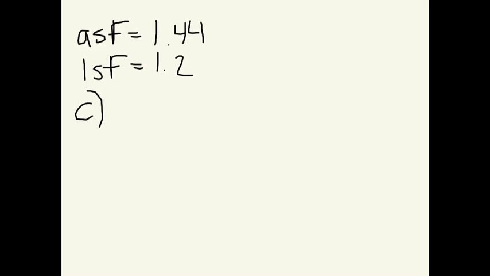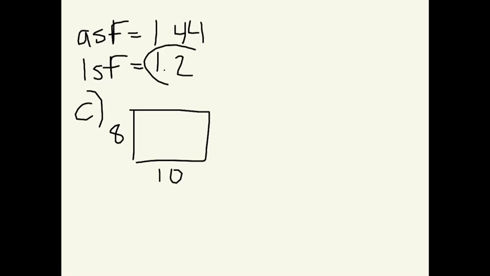For C, we have to determine the dimensions of the enlarged photograph. So the original dimensions, if you recall, is an 8 by 10. We have to use the linear scale factor because we're dealing with the lengths of the sides to figure out the dimensions of the new photograph. So in order to do that, you need to multiply both lengths by 1.2.